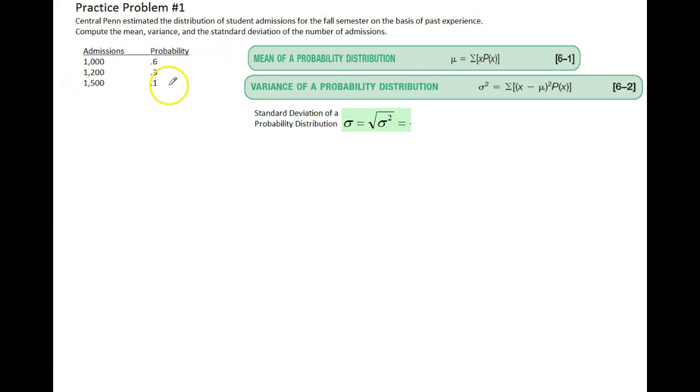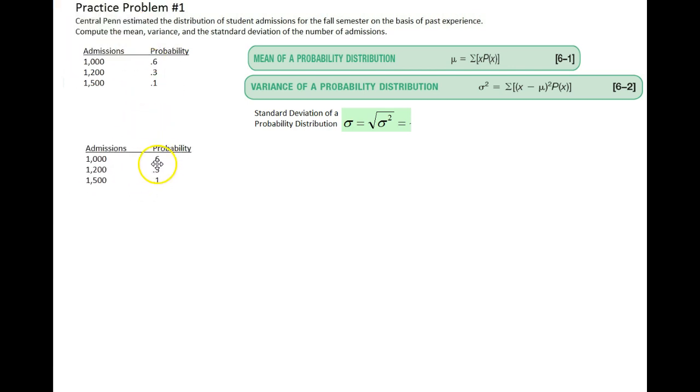Over here, this is part of what they've given us. They've given us the admissions of 1,000, the probability is 0.6, 1,200, 0.3, 1,500, 0.1. So what we're going to do first is use this table that they've given us.